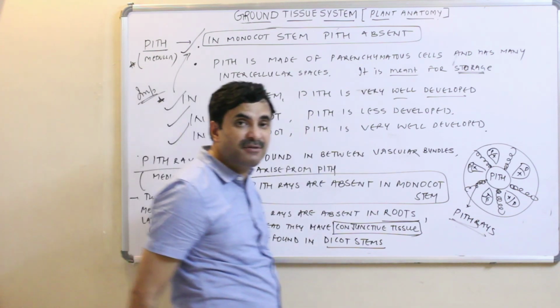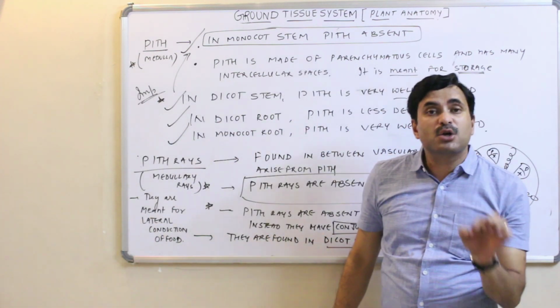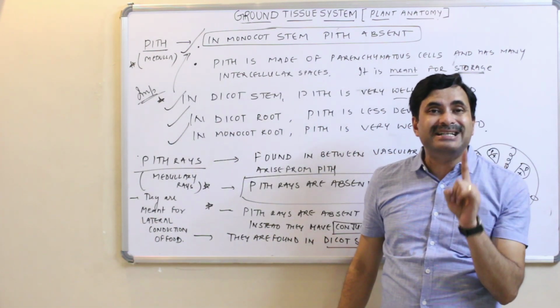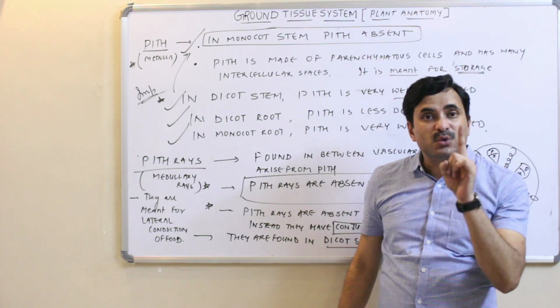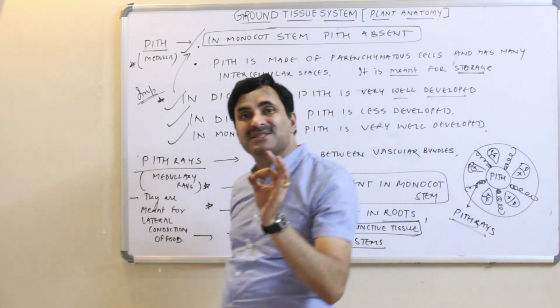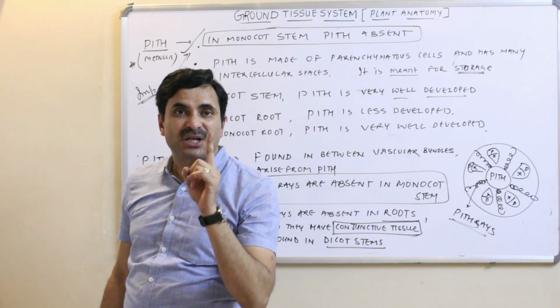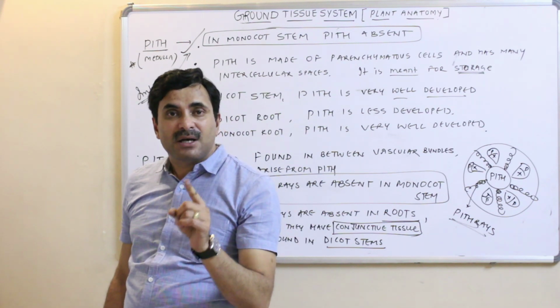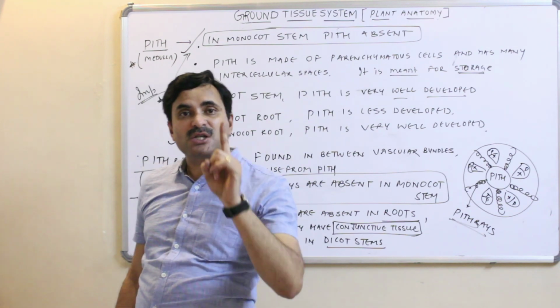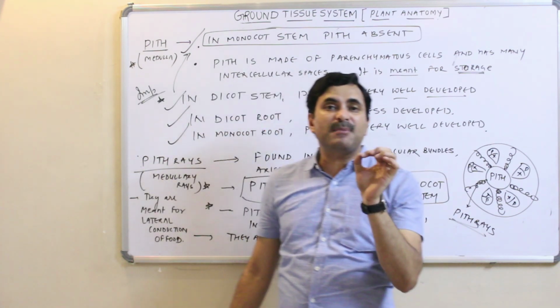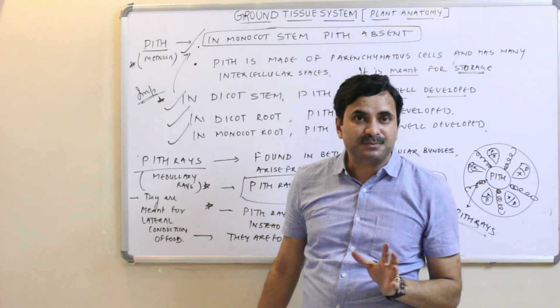So students, today we have discussed the entire ground tissue system in detail. Alright, so that you can perform the questions easily. Listen students, if your theory is very much clear in biology, then you can just attempt any type of questions from any book.